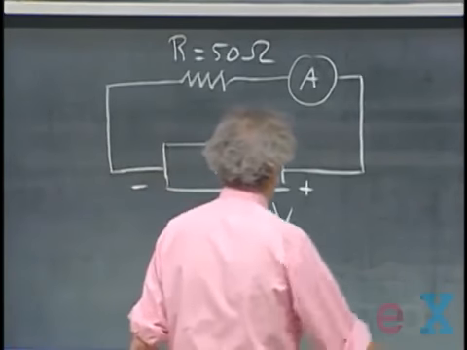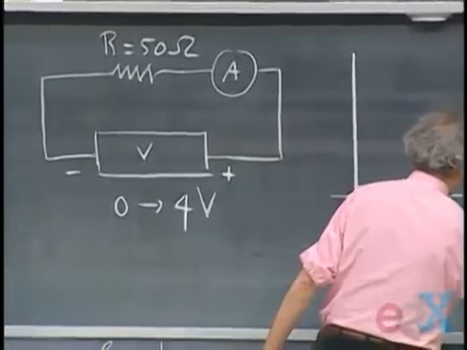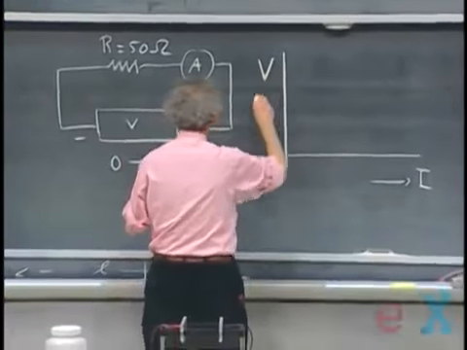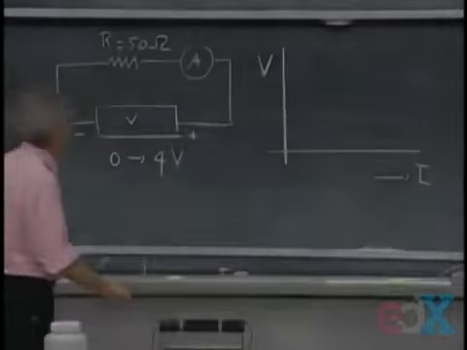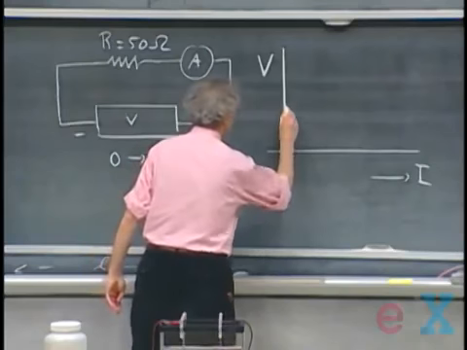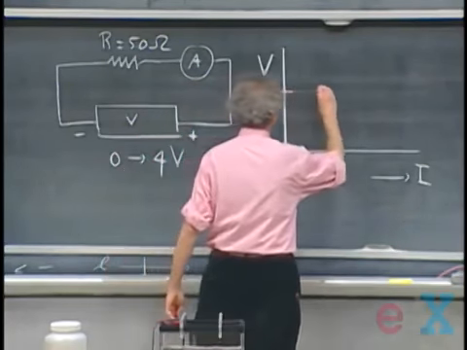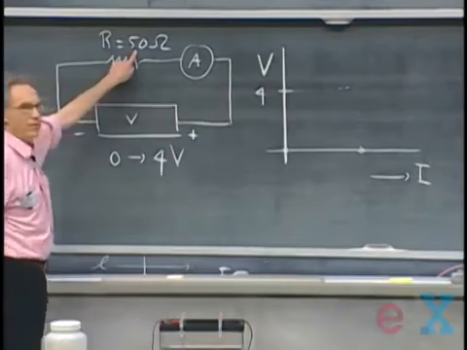And I'm going to show you on an oscilloscope. We've never discussed an oscilloscope, but maybe we will in the future. I'm going to show you there projected the voltage, which goes from 0 to 4, versus the current. It will start here, and by the time we reach 4 volts, we would have reached a current of 4 divided by 50.